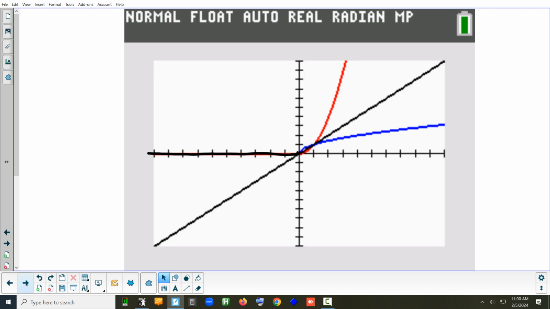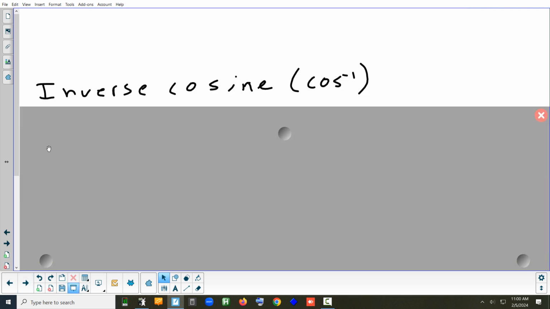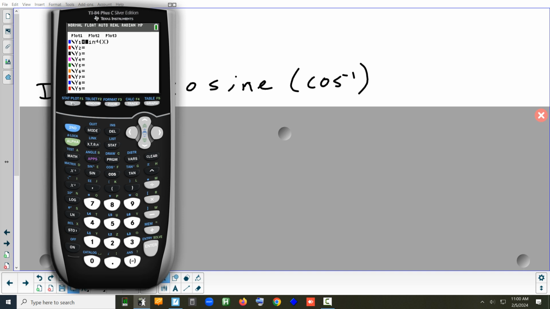All right, so let's look at inverse cosine. Well, let's draw cosine first, see if cosine passes the horizontal line test, and if it doesn't, let's find a section that does. So let's graph cosine. I'm going to do zoom 7.